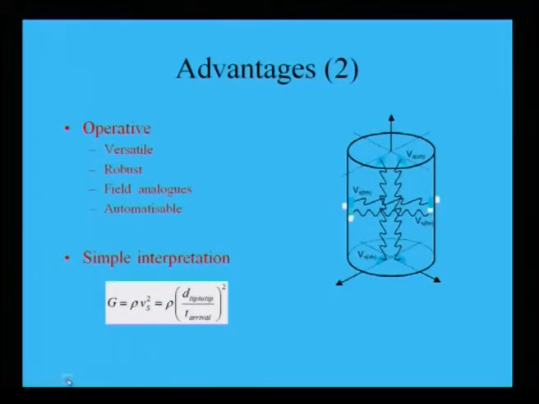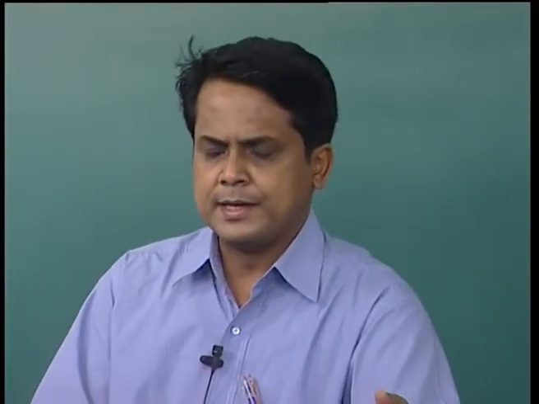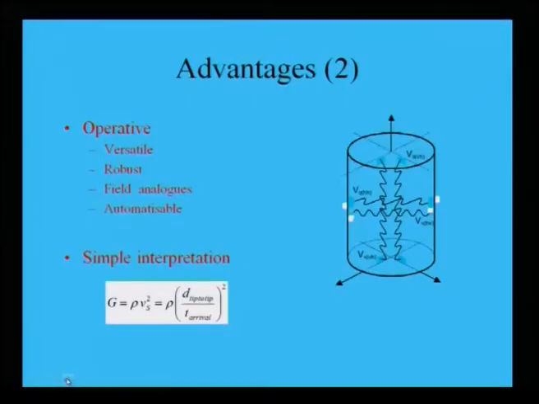The second advantage is that it is very versatile. It is very simple, you can put it anywhere and connect it top and bottom very easily, and it is robust with simple interpretation by knowing the density and the velocity. That means, if there is a 50 mm diameter and 100 mm length sample, the distance is fixed.